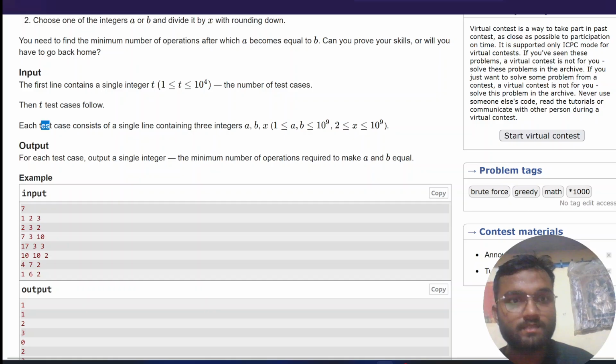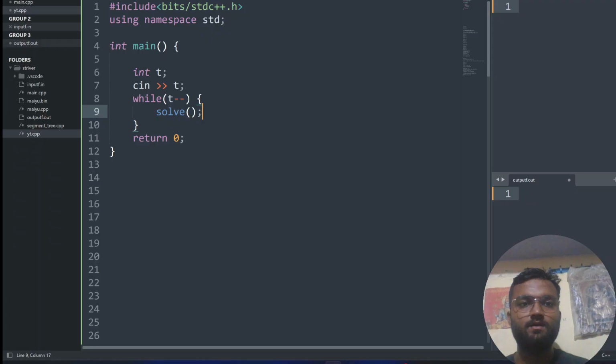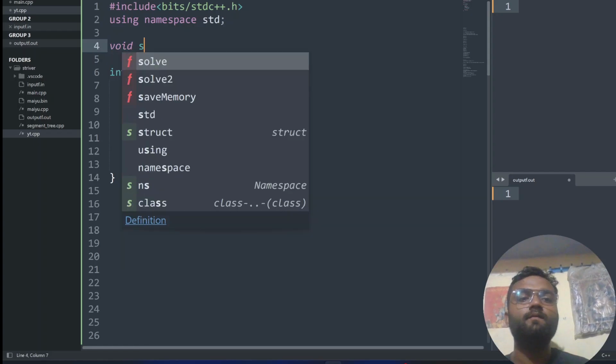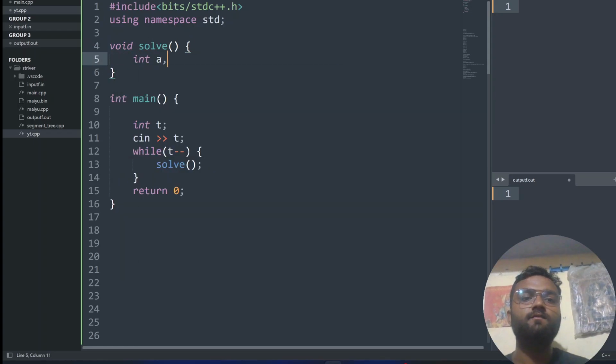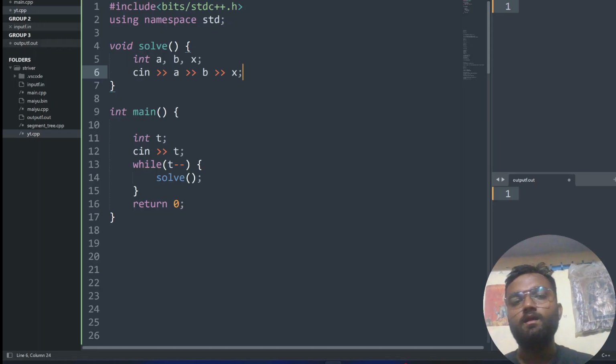Each test case consists of a single line with three integers a, b and x. So in the solve function we take a, b and x as input.